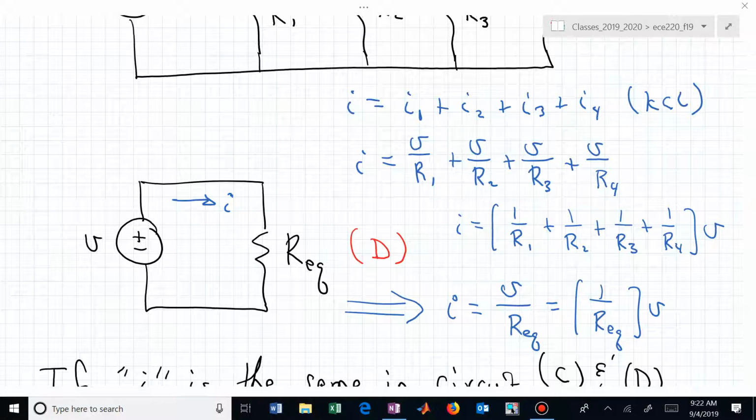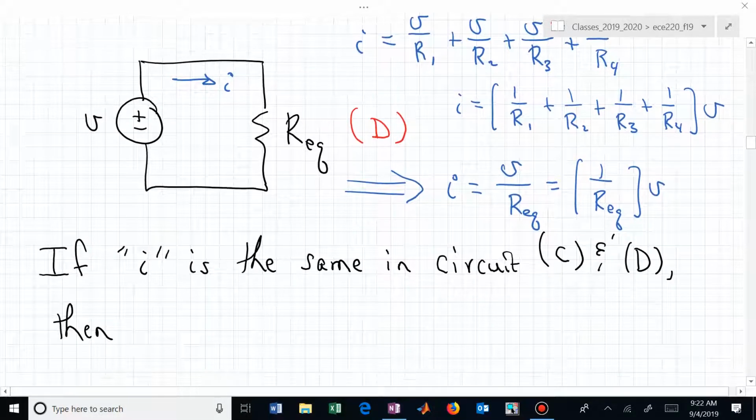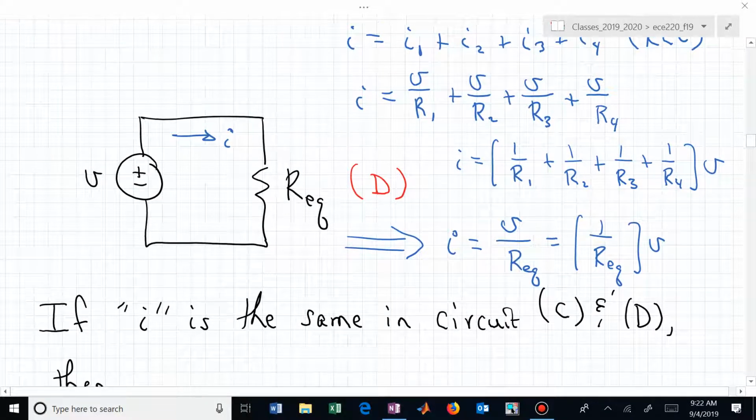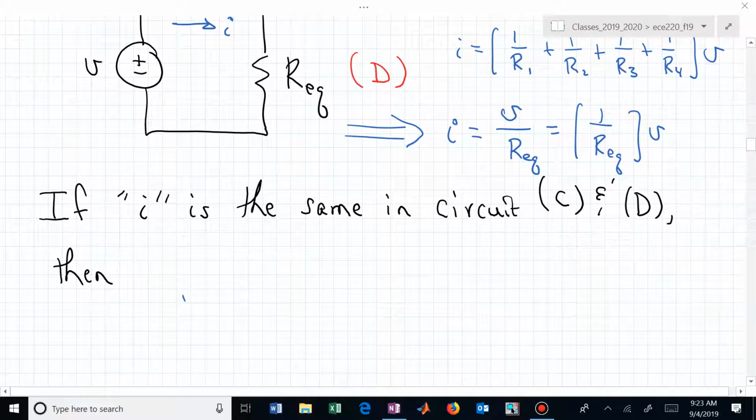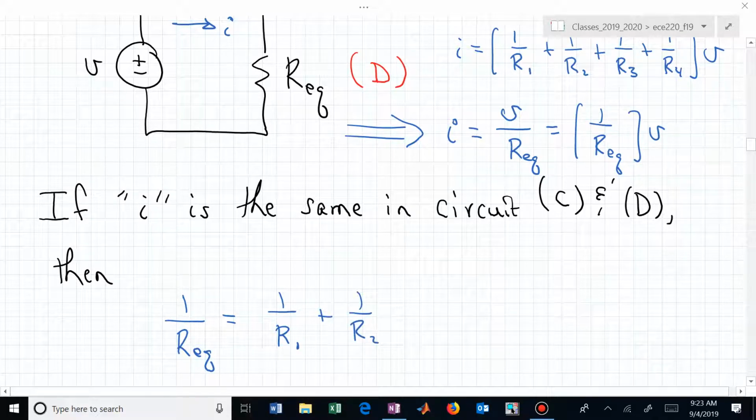Now, when you see resistors in parallel, you might be thinking about standing on your head, right? Now everything's reciprocal. We now have this 1 over R equivalent is equal to the sum of these reciprocals. So if I is the same in circuit C and D, then that's requiring 1 over R equivalent to equal 1 over R1 plus 1 over R2 plus 1 over R3 plus 1 over R sub 4.